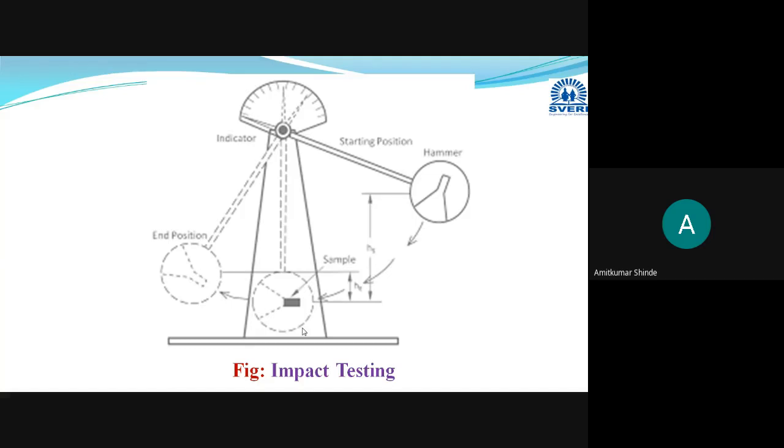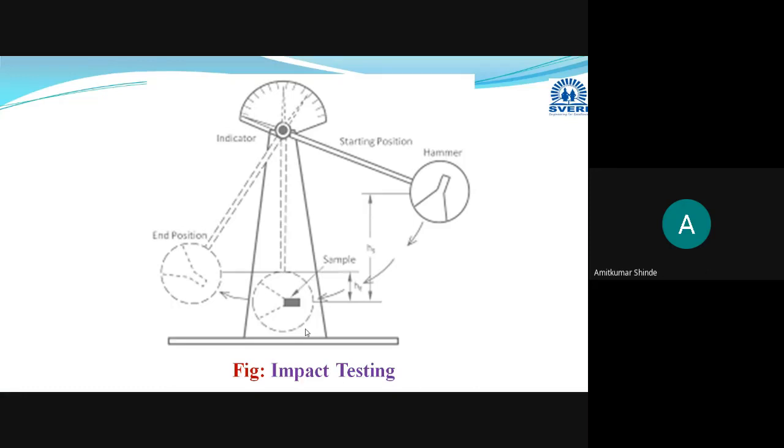I will wait for a few minutes here. Please draw the arrangement which we are using for conducting the impact testing method. Please complete the drawing, and after that, I will explain how this impact testing is conducted, how the tensile impact energy testing is conducted, and what the basic difference is between impact testing and tensile impact energy testing.